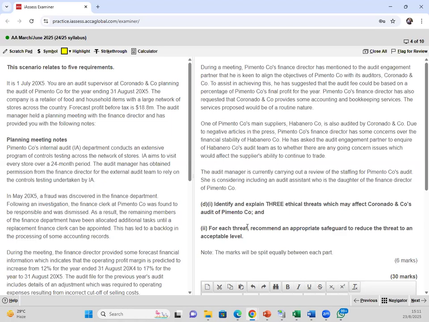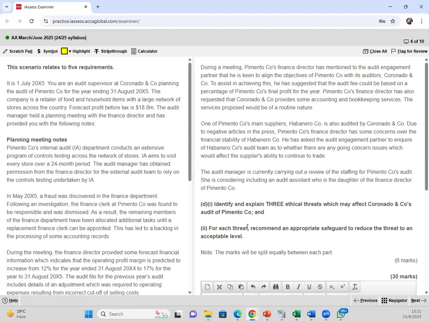One of P company's main suppliers, H company, is also audited by C company. Due to negative articles in the press, P company's finance director has some concern over the financial stability of H company. He has asked the audit engagement partner to inquire of H company's audit team as to whether there are any going concern issues that would affect the supplier's ability to continue, okay?